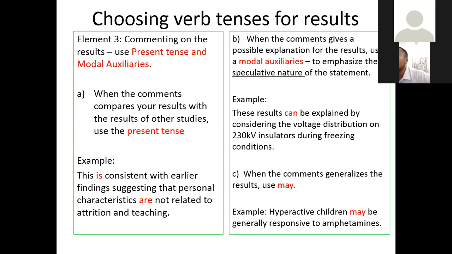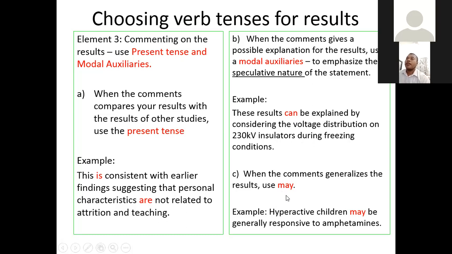So in that situation, you have to use the root word in the present tense. For example, the result can be explained. So can should be in present tense. It cannot be followed by past tense.